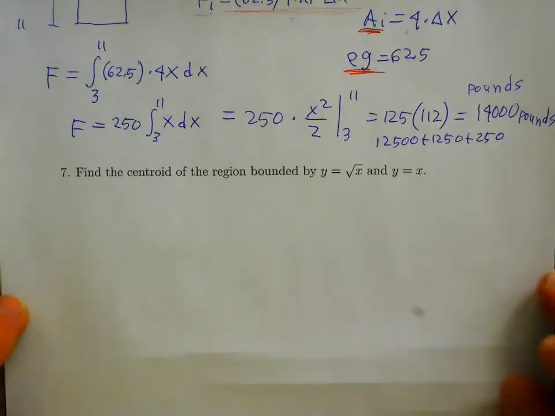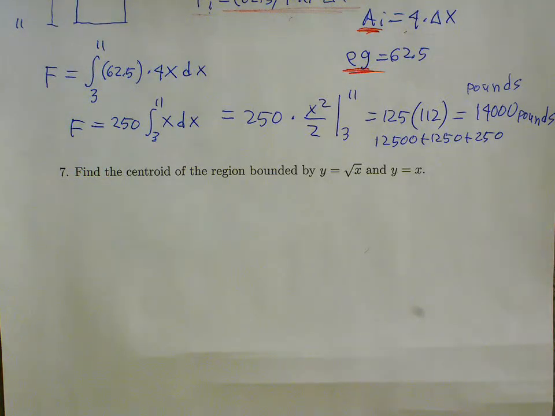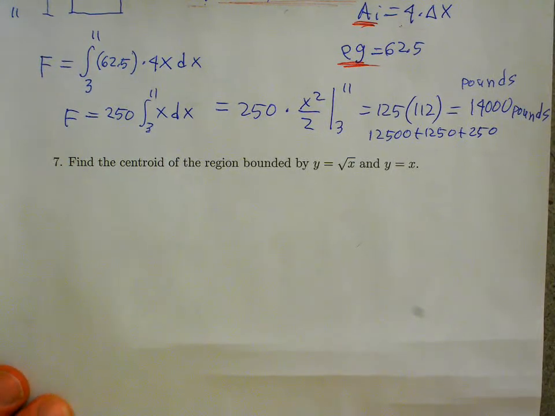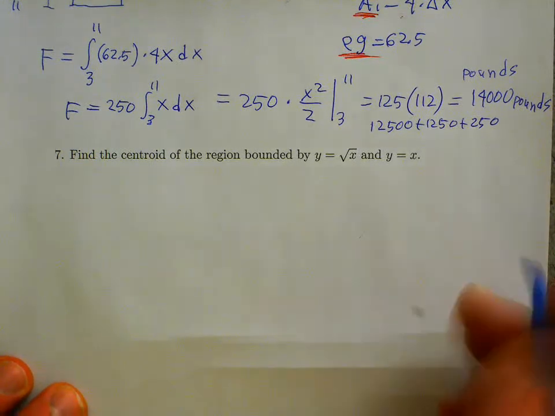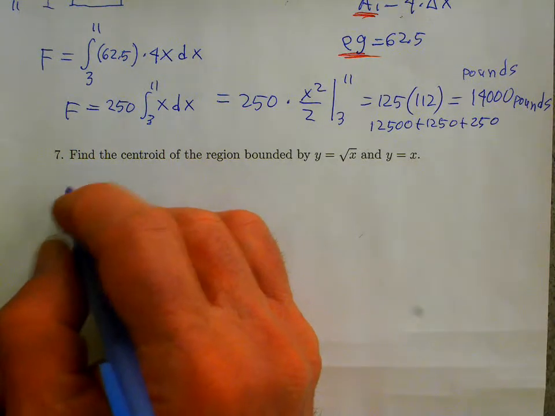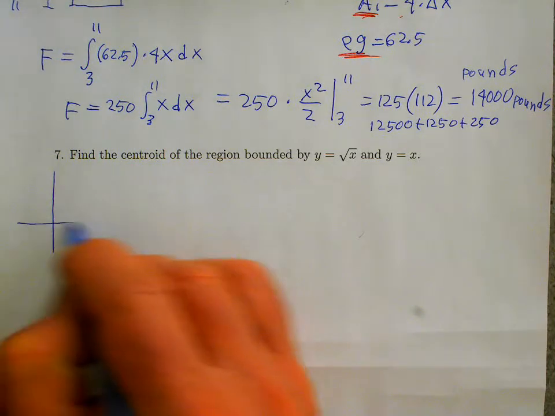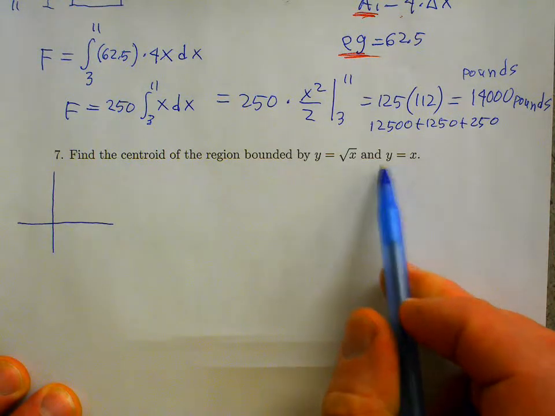Okay, the next problem: find the centroid of the region bounded by y equals the square root of x, and y equals x. Well, we need to know where they intersect. This one is not too hard to figure out.